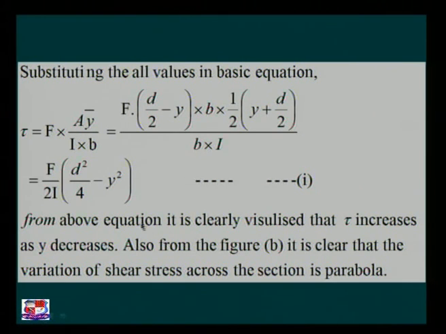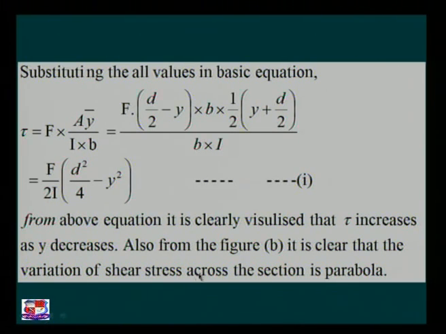From this above equation, it is clearly visualized that tau increases as y decreases. Very interesting point: there is a minus y term, so my tau, that is the value of shear stress, increases as y decreases.